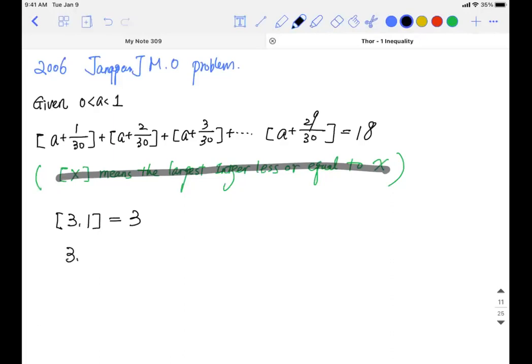What about 3.4? Also 3, right? What about 3.9? Okay, a student says 4. No. The largest integer less than or equal to 3.9 is still 3. Is that right?